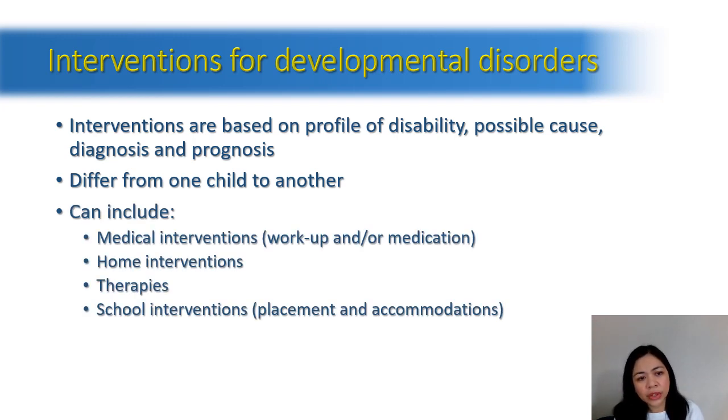So, this can also include medical interventions such as workup or medication, home interventions such as parent coaching and parent training, and therapies such as occupational therapy, speech therapy, physical therapy, and school interventions such as coordinating with teachers as to how to accommodate the child in the classroom and also what kind of school the child is best placed in.